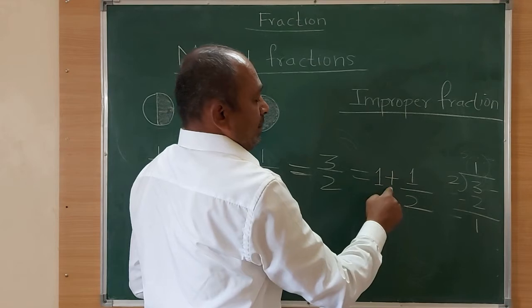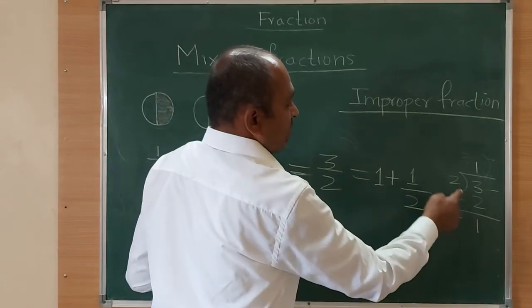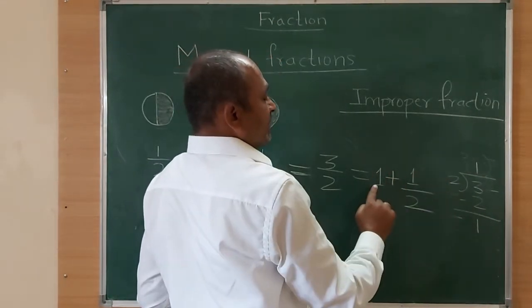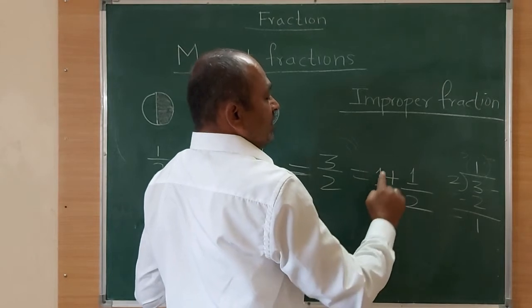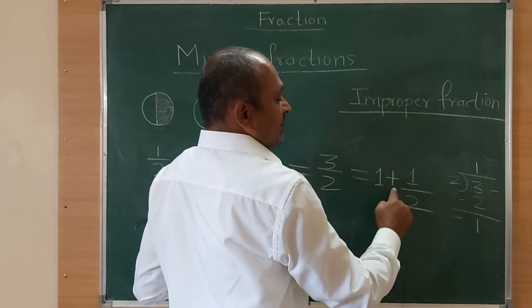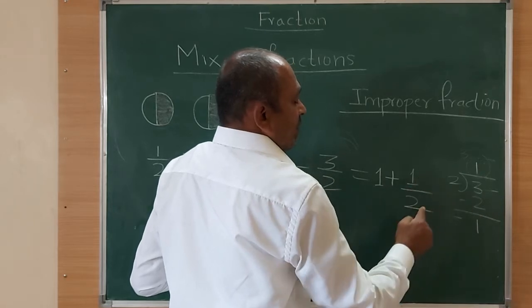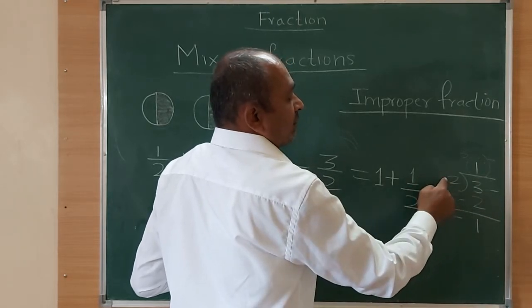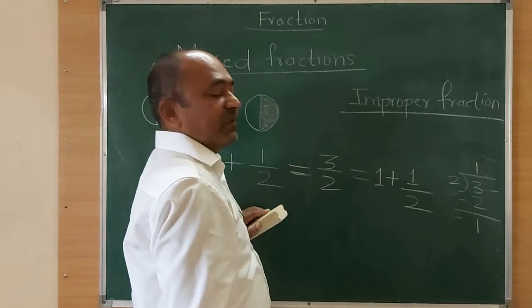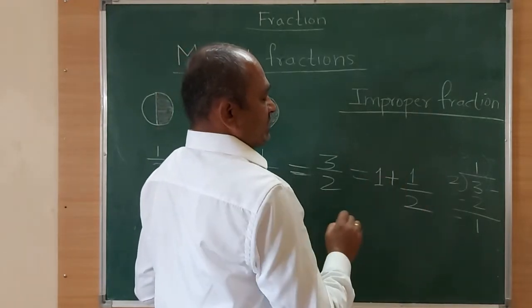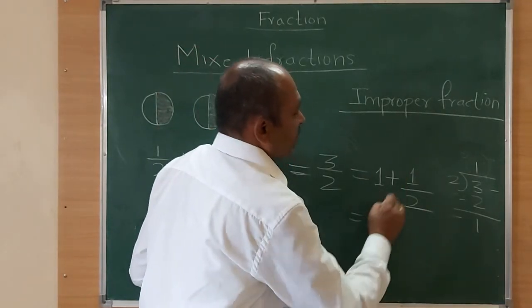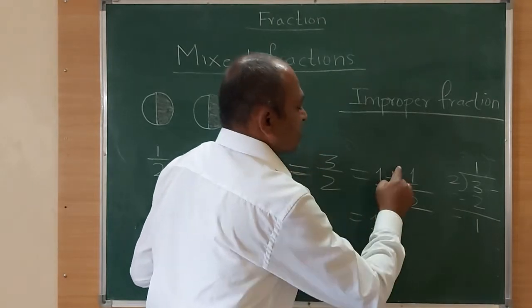1 plus 1 upon 2 means we write this quotient here, plus remainder upon divisor. 1 plus 1 upon 2 is also written without this plus sign.